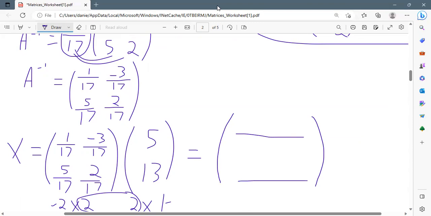Okay, so now remember it's rows by column. We have this row here and this row here, and we multiply them by the one column here.